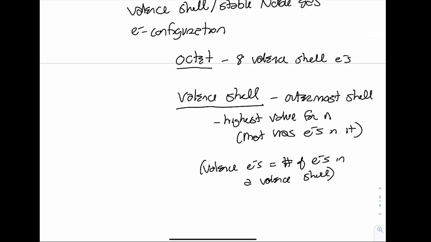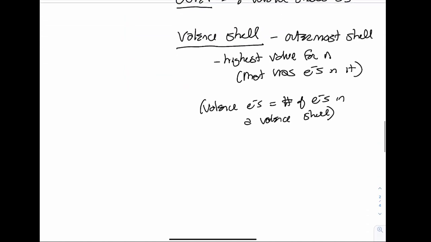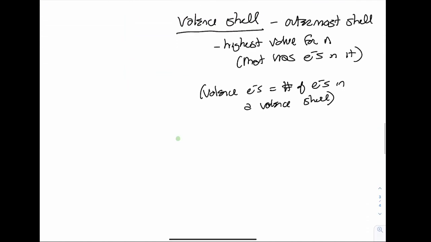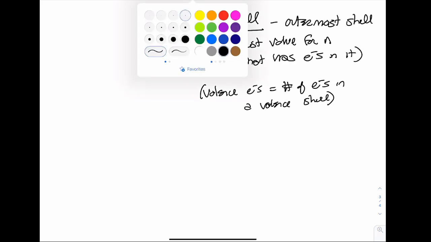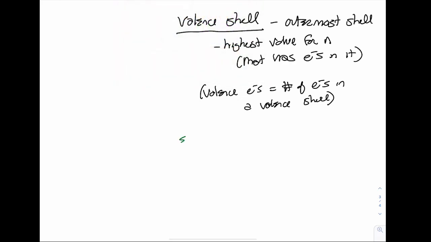So just a couple examples to make sure that we're good with that terminology. If I was to look at lithium and draw its electron configuration, 1s2, 2s1.